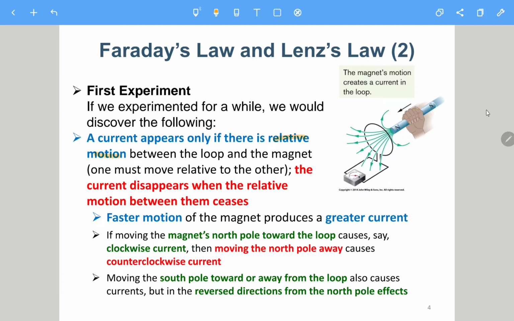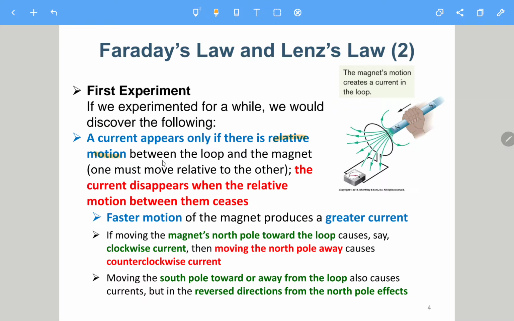Relative motion means you can move the magnet close to the coil, or you can hold the magnet bar there and move this whole structure close to the magnet bar, and it is still relative motion. But if you move both with the same velocity, then there will be no relative motion, right? Okay. So the important thing is the relative motion.